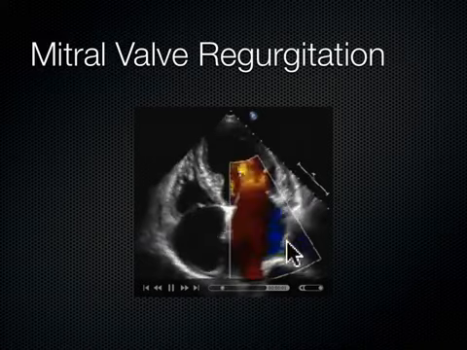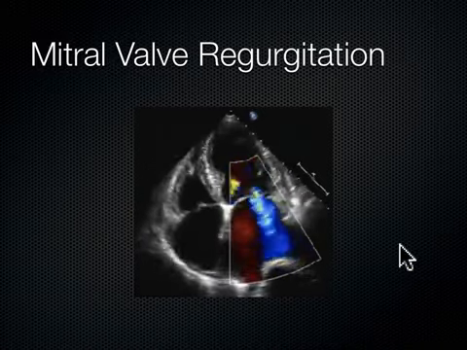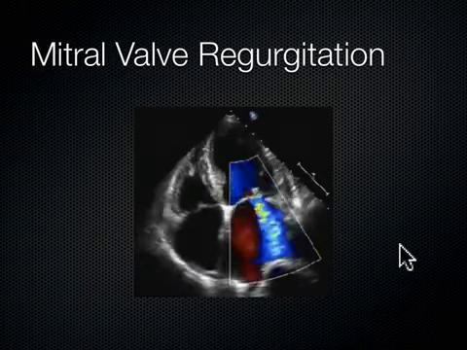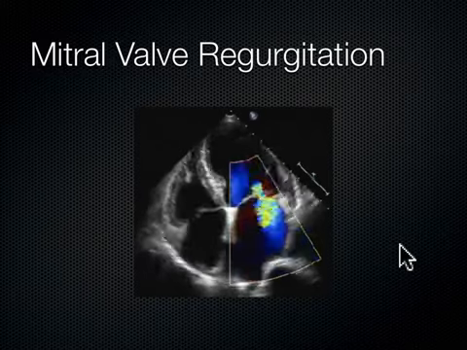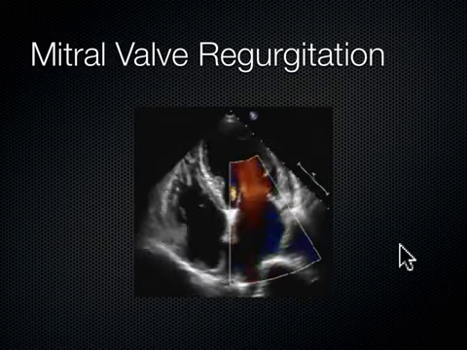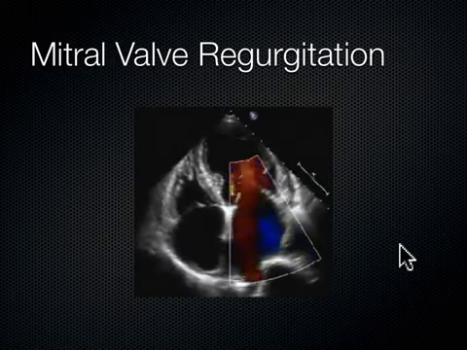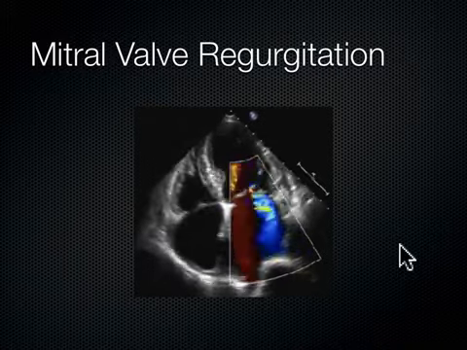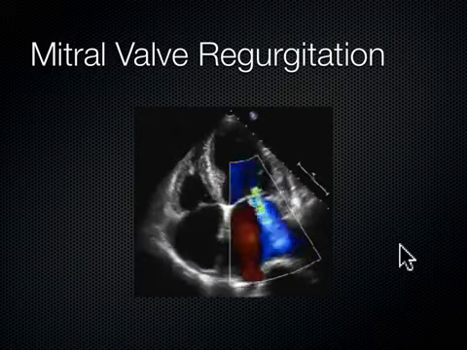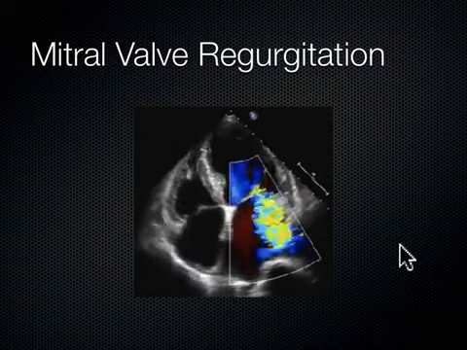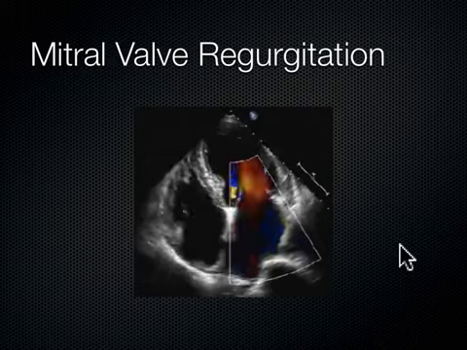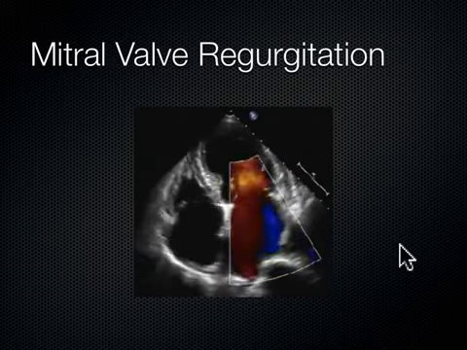So this blue jet that we see coming into the left atrium and smacking into its far wall would be somewhere around moderate to severe mitral valve regurgitation, because during systole we shouldn't see that blue jet slamming back into the left atrium.